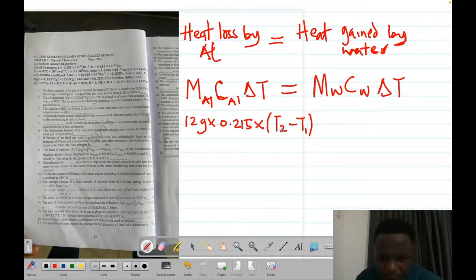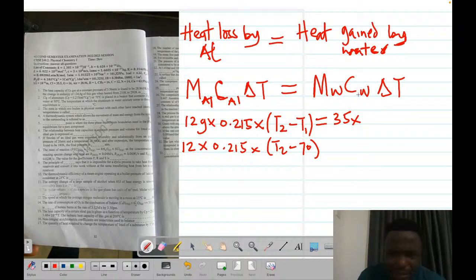Okay. So I'll write this to be 12 grams times 0.215 times T2 minus 70 degrees. Now, that of water, the mass of water, they gave us mass of water to be 35. Now, the specific heat capacity of water. Class, look at this very well. Let me show something.